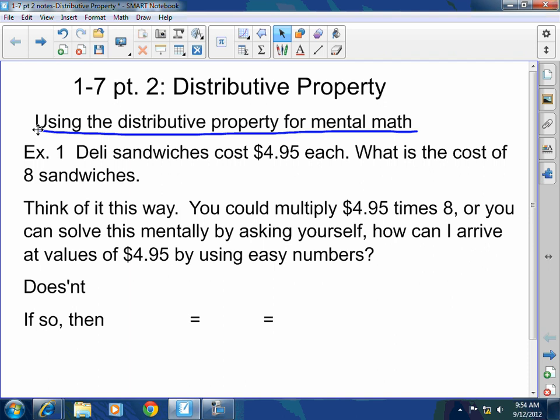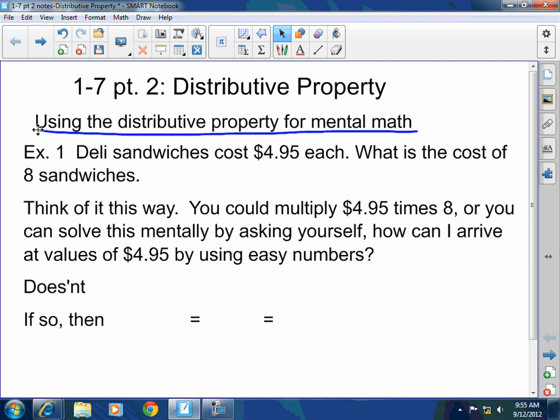That's a very complicated answer, and I'm saying easy numbers. No, you're not thinking. How can I arrive at the value of $4.95 by using easy numbers?